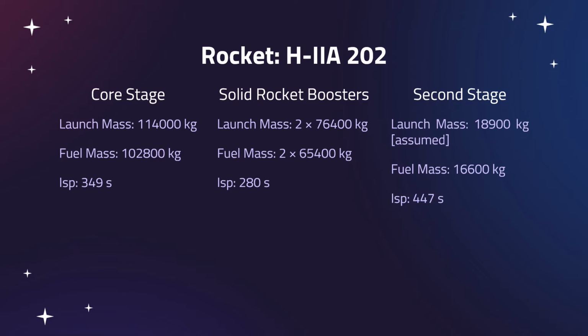The solid rocket boosters: the launch mass is 2 times 76,400 kg with a fuel mass of 2 times 65,400 kg, with a specific impulse of 280 seconds. While the second stage has a launch mass of 18,900 kg, which is assumed, with a fuel mass of 16,600 kg. It has a specific impulse of 447 seconds.